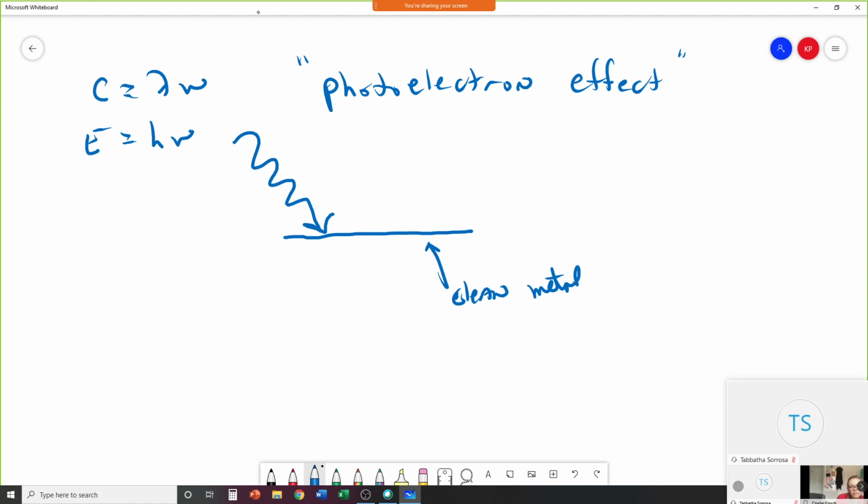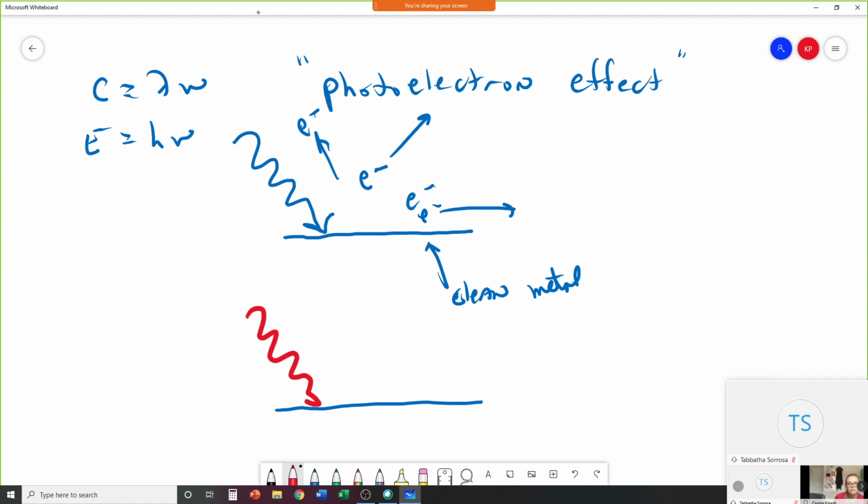Light hits. You will have, at a certain frequency, you will have electrons ejected. Electrons come flying off in all directions. Okay, electrons come flying off. All right, now below a certain frequency, let's say red light. Remember what I said?